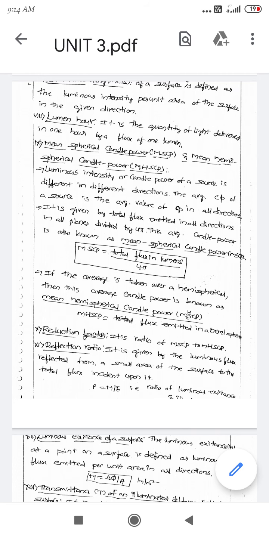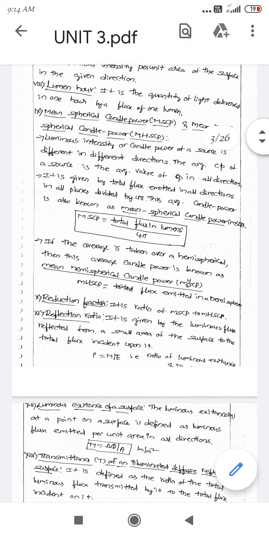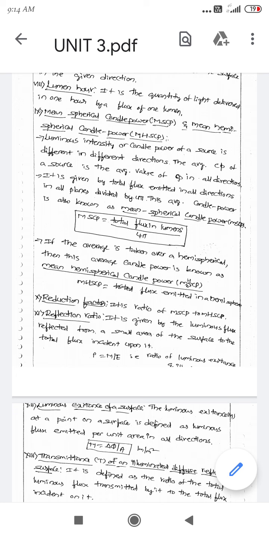Next, if the average is taken over a hemisphere, then this average candle power is known as mean hemispherical candle power. MHSCP is equal to flux emitted in a hemisphere by 2 pi.